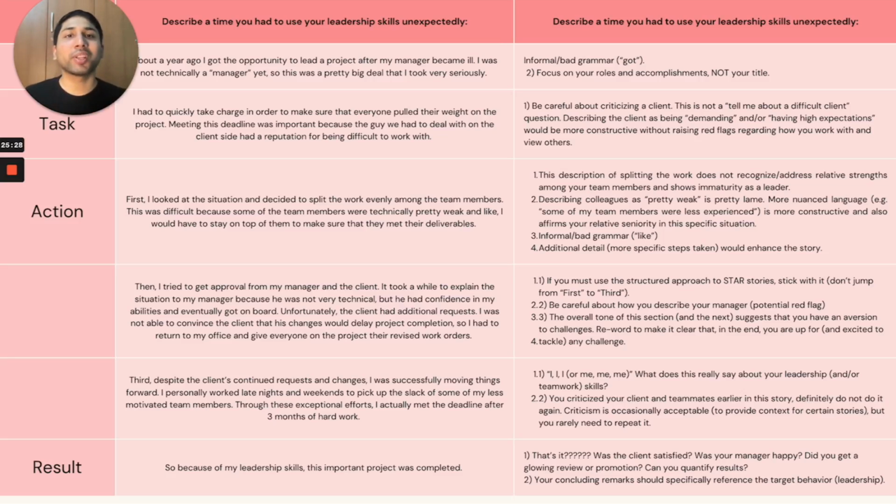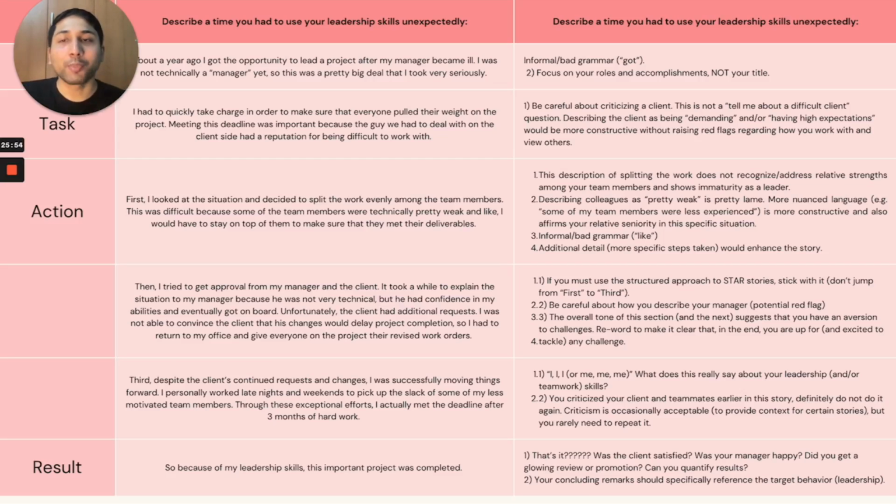You can say that as in every team, there were some experienced members and some less experienced or new members in my team, and I had to make sure that the new members are not feeling overwhelmed. I had to make sure to pay extra attention to the inexperienced members, rather than calling them pretty weak.